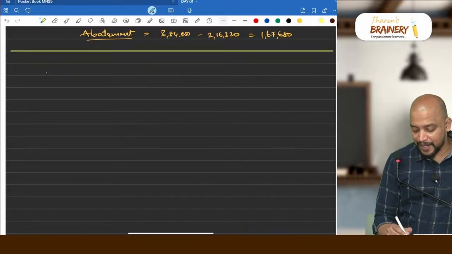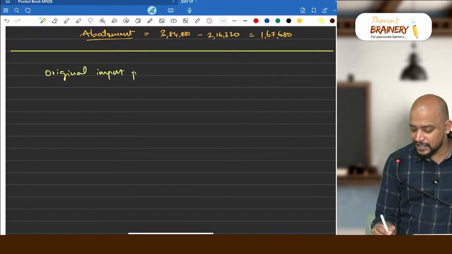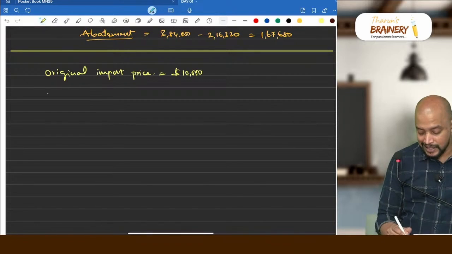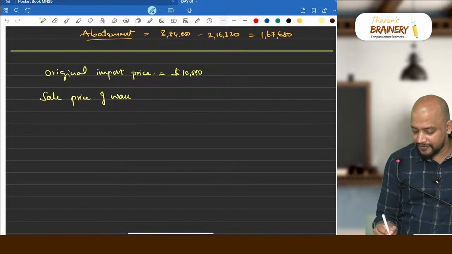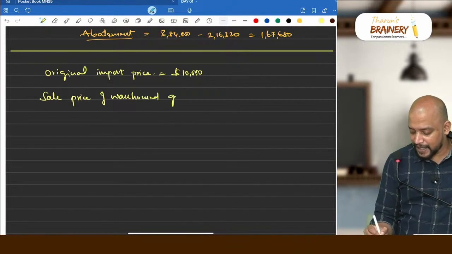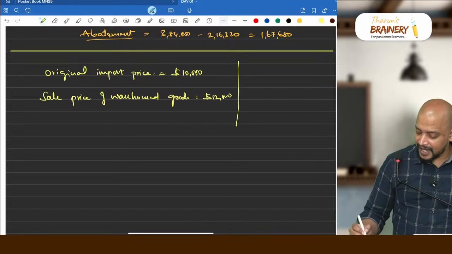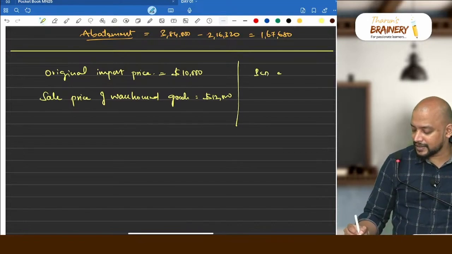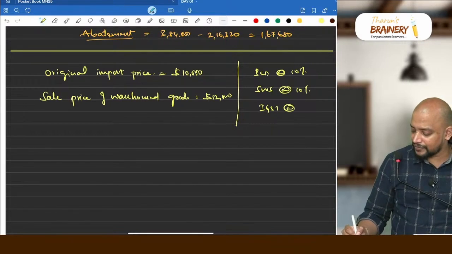The original import price is $10,000, and the sale price of warehoused goods is, say, $12,000, and we have basic customs duty at the rate of 10%, social welfare surcharge at the rate of 10% and IGST at the rate of 12%.